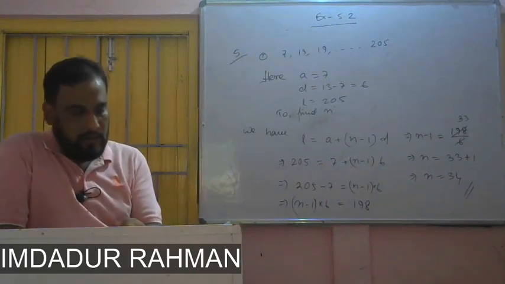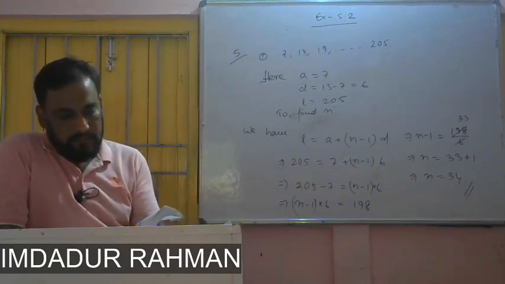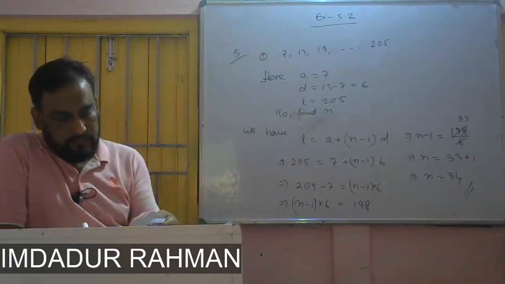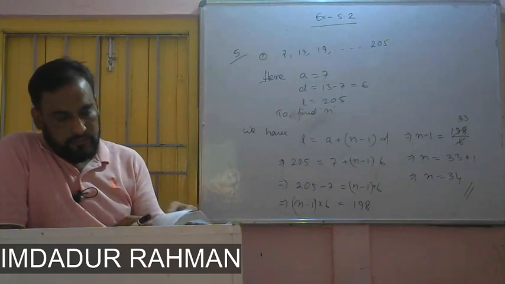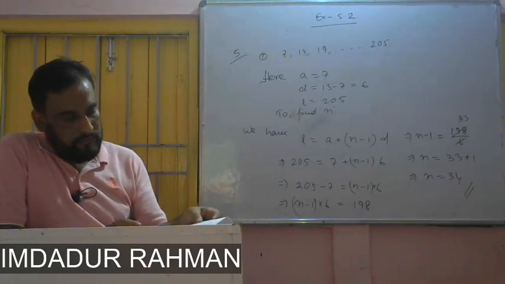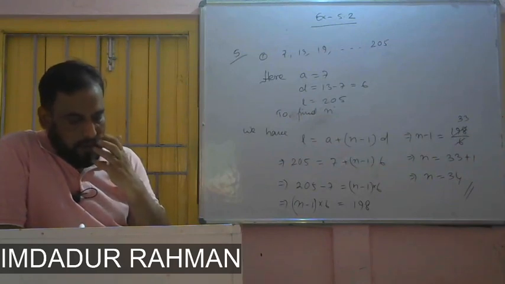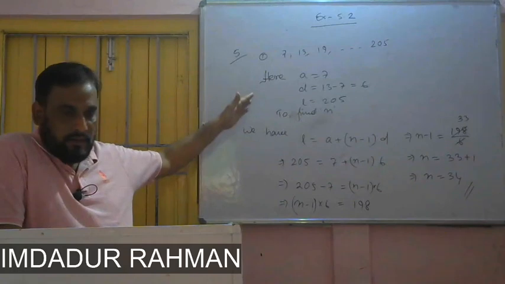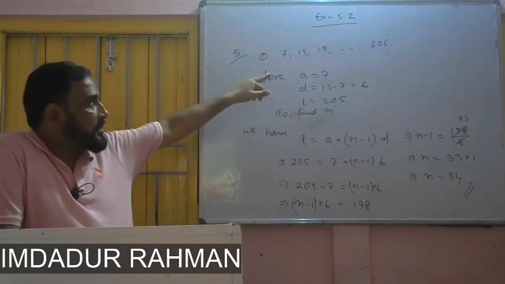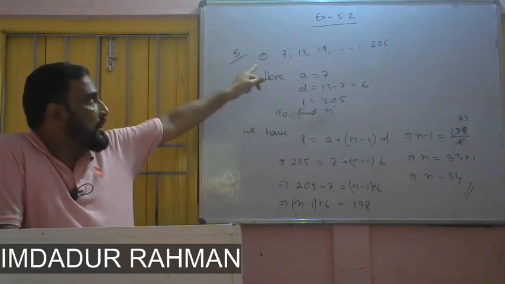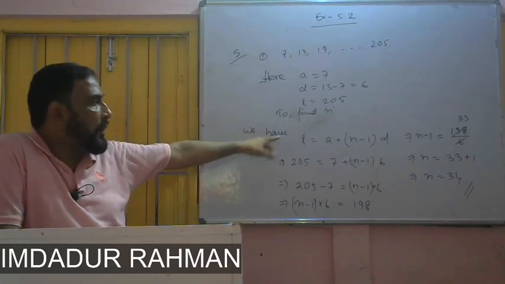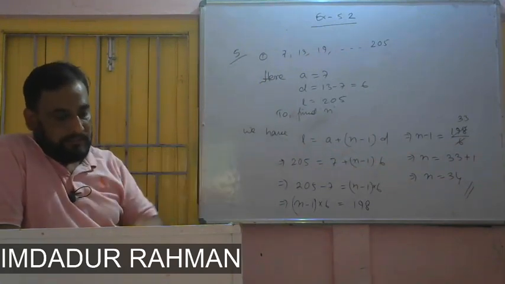So question number 5 is finished. This was a finite series. The last term was 205 and the first term was 7. Using the formula of L, we found the number of terms, that is N.